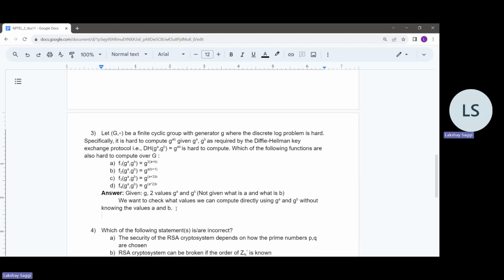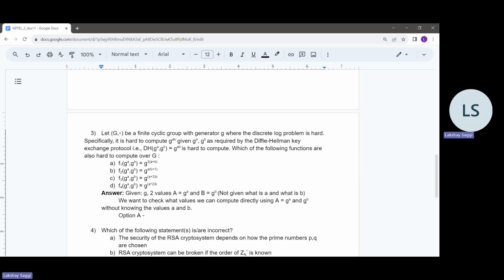So let's just check option by option. Option A says we want to compute the value of G raised to the power 2 times A plus B. So maybe I should mention these values as capital A and capital B. I just gave these values names, capital A and capital B, so that it becomes a little easier, and I don't need to write G raised to the power A and G raised to the power B every time.